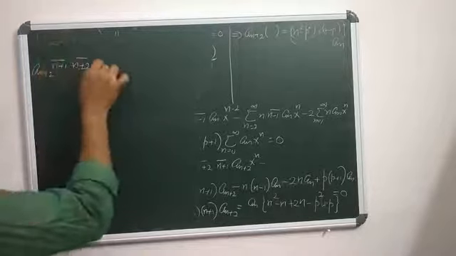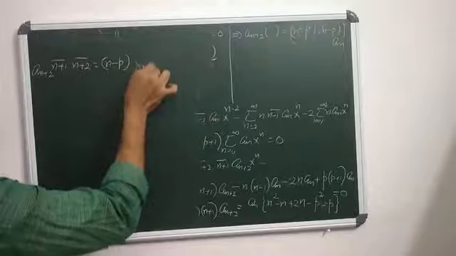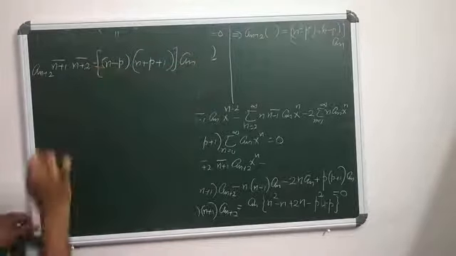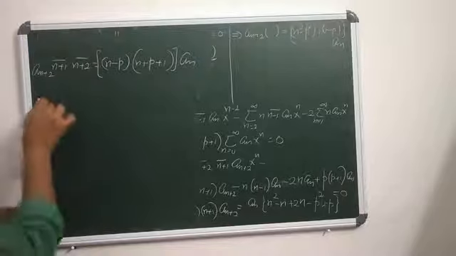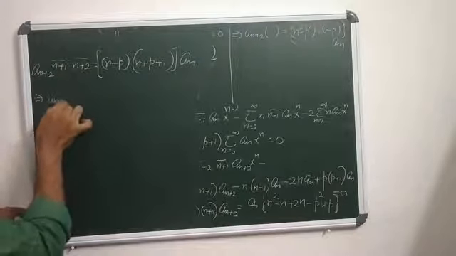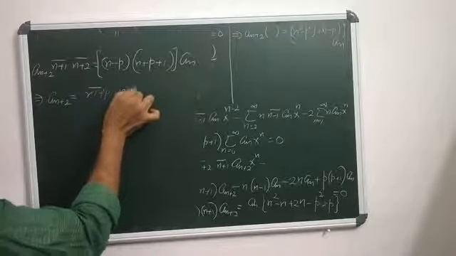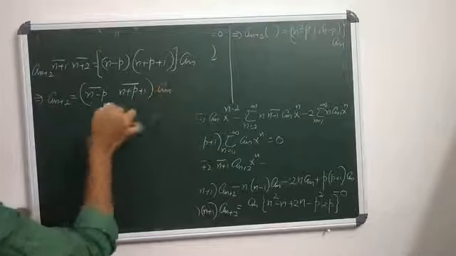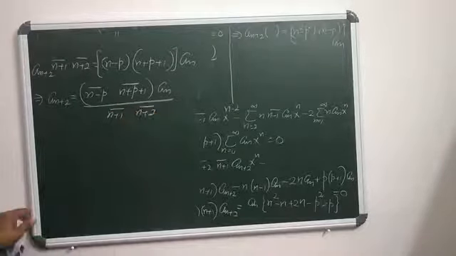So it is n minus p into n plus p plus 1 into a n. So a n plus 2 equals n minus p into n plus p plus 1 into a n, all divided by n plus 1 into n plus 2.